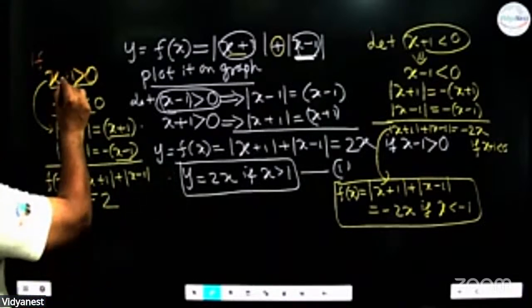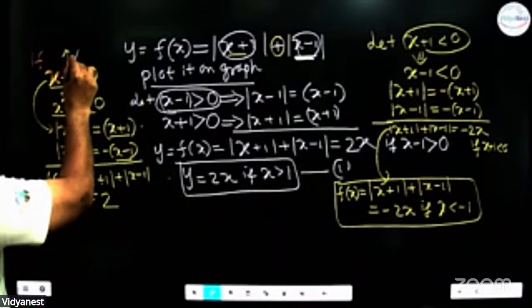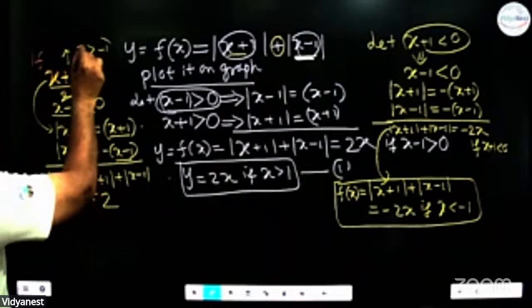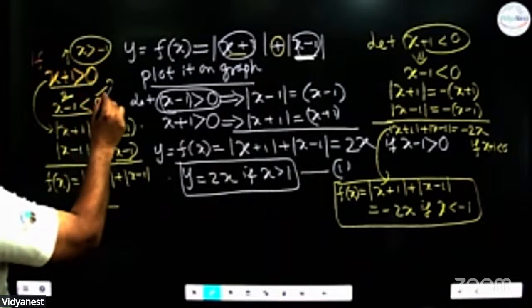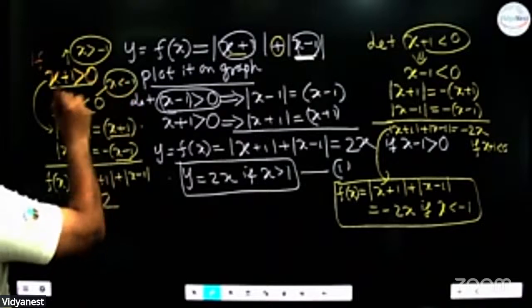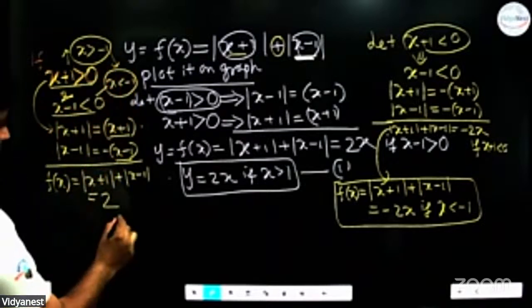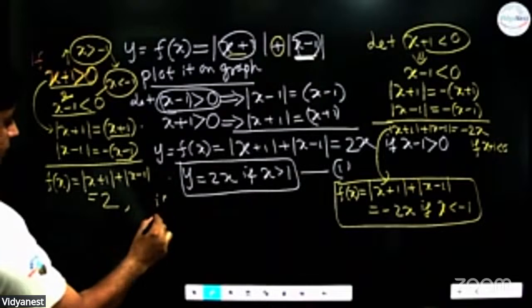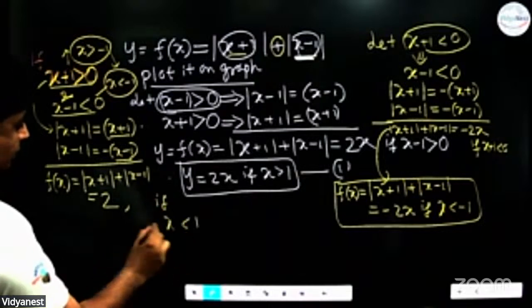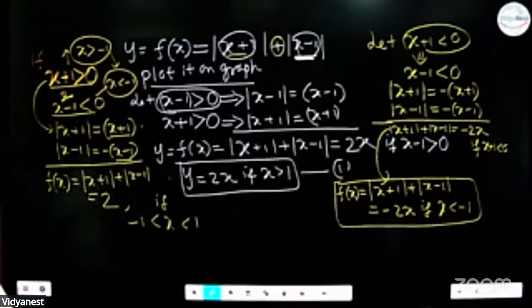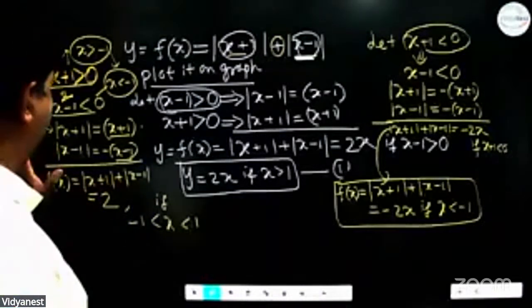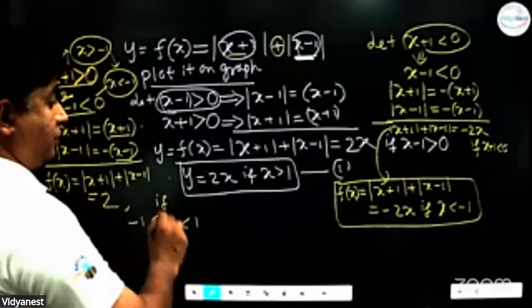So here we got x is greater than minus 1. Here we got x is less than minus 1. So if I combine, I will get x lies between plus 1 and minus 1.